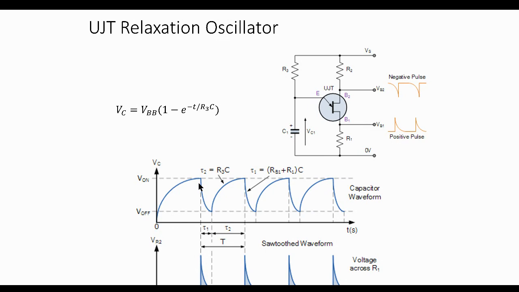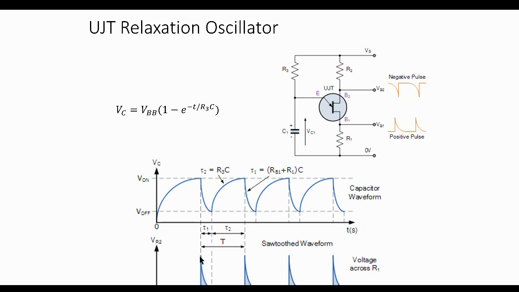When it reaches the voltage that would cause this device to turn on, the capacitor charges up to this point, and then the device switches on, so you have that spike right here.